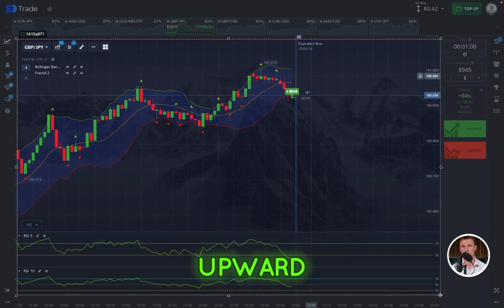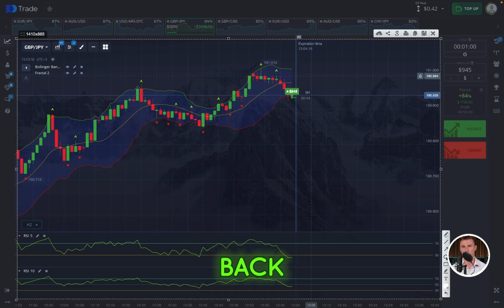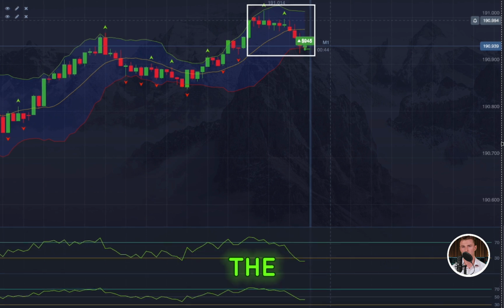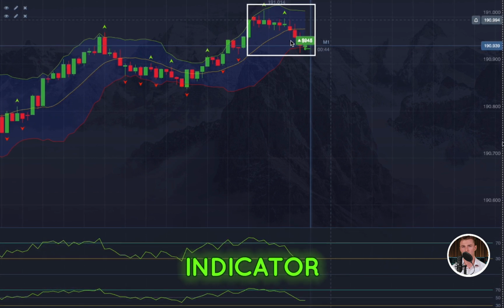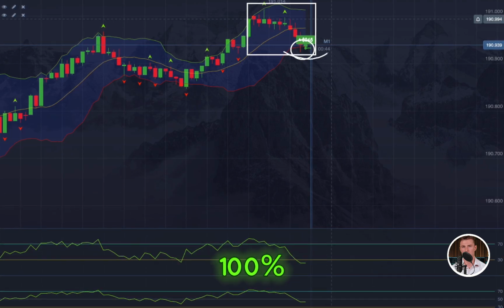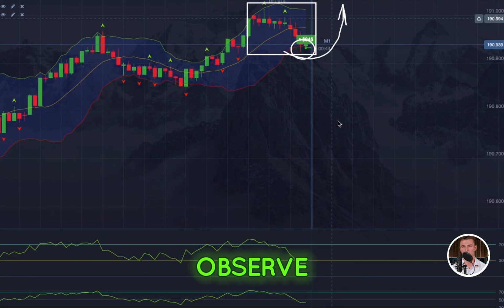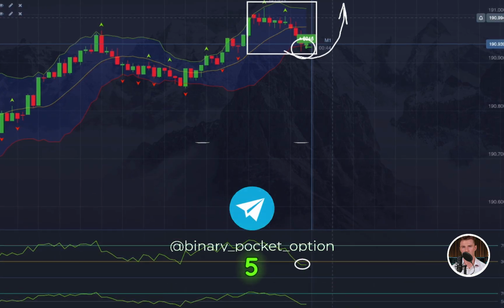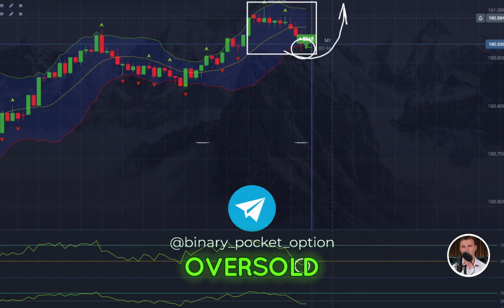We also have an upward trend and we have a good price pullback. The formation of a new local minimum and touching the lower moving line of the channel indicator. I think that the further dynamics of the movement of 100% should go up. I also observe the behavior of the oscillators. According to the oscillator with a period of 5, I will expect an exit from the oversold area.